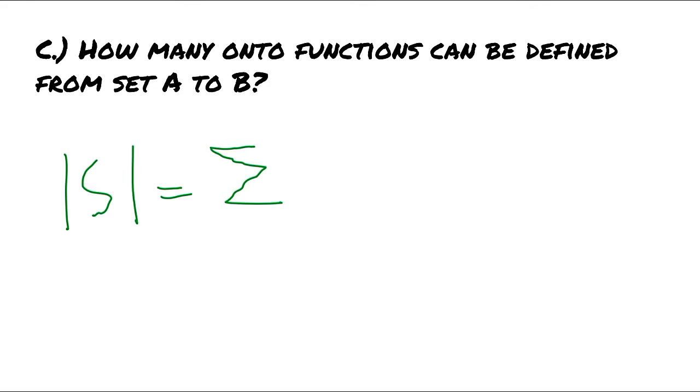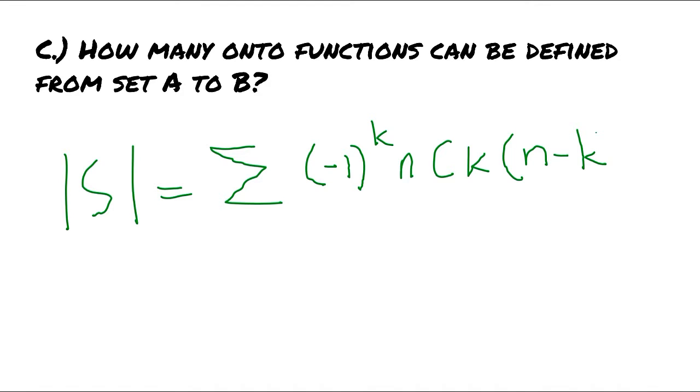So this formula can be generalized with the general formula: summation of (-1) raised to k, n combination k, times (n minus k) raised to m, from k equals 0 up to n. The (-1) raised to k takes care of the sign, because we're going to subtract some elements that are counted twice. Let's expand this formula for clarification.